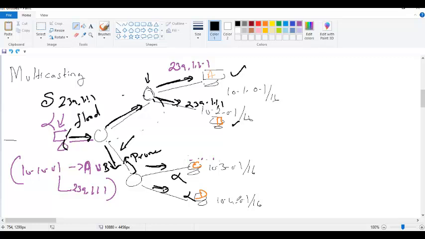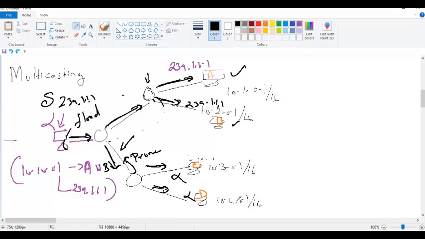Now, the other mode is called sparse mode, which is a shared tree. What is sparse mode? In sparse mode, the load is shared with a mediator.